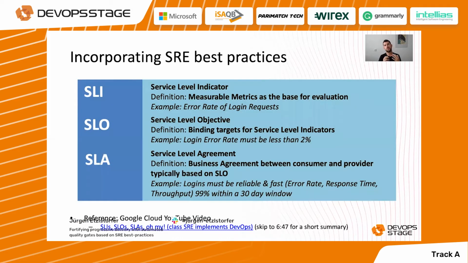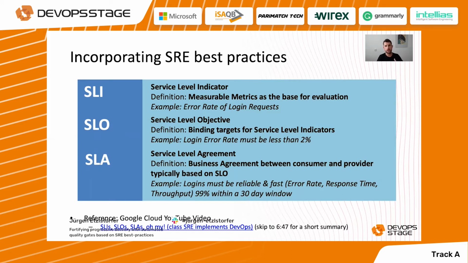So let me show how these SRE principles basically come into this game. We are differentiating between three different SRE principles or best practices. The first one are SLIs. SLI is short for service level indicator. And we can really think of the service level indicator as a measurable metric. It's really like a metric like the error rate of login requests. We are using the service level indicator in service level objectives. An objective is really a goal based upon a service level indicator.